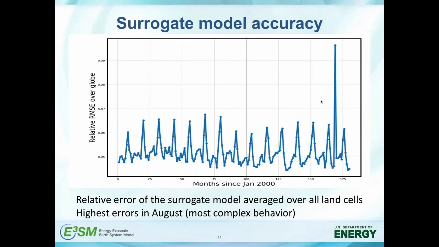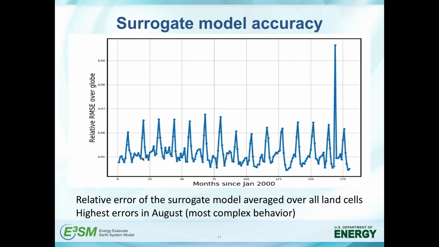This shows the surrogate model accuracy, the relative error of the surrogate model averaged over all the land grid cells. We can see a seasonal pattern to these relative errors and where these peaks occur. I believe that's the month of August in most cases, and that's when we see the most complex behavior of GPP.